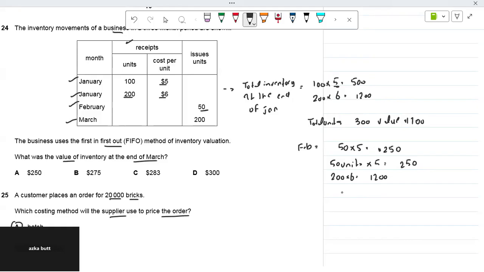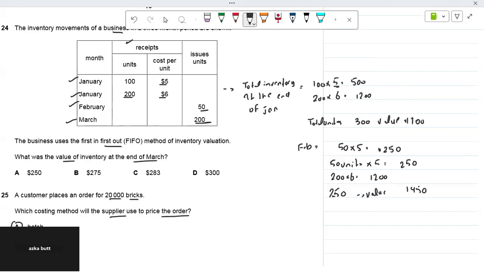So there are a total of 250 units at the end of February, and their total value is 250 plus 1200, which is 1450.